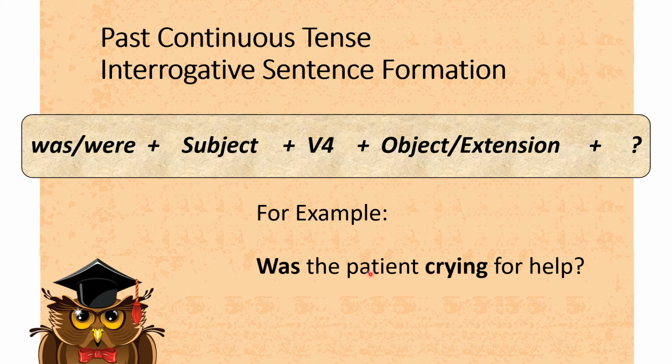You can see that I have interchanged the positions of the subject and the auxiliary verb, and your interrogative sentence is formed. Your affirmative sentence was they were taking rest. So by interchanging the positions of the subject and the auxiliary verb, your sentence would look like this. Were they taking rest?